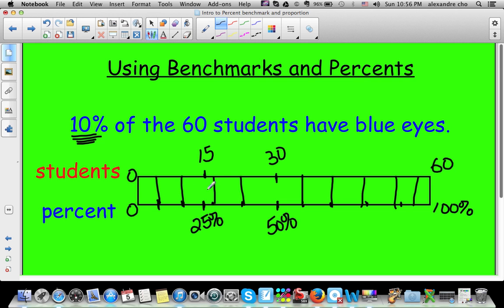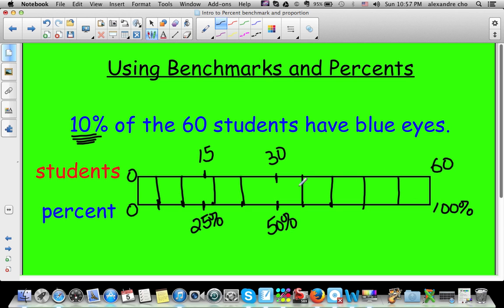There were 1, 2, 3, 4, 5, 6, 7, 8, 9. Sorry, I'm miscounting here. So let me just erase these last ones. 50, 60, 70, 80, 90. Okay, so again, we have 10 boxes: 10%, 20%, 30%, 40, 50, 60, 70, 80, 90, 100.